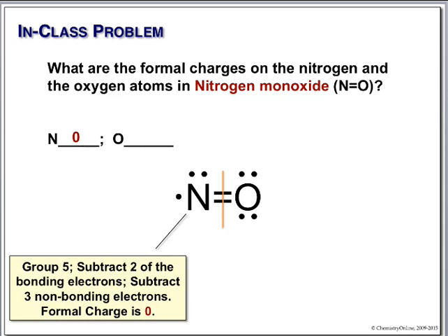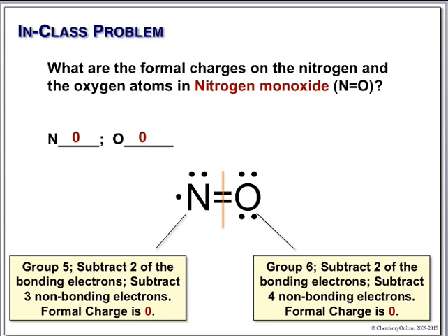Nitrogen, group 5. Nitrogen has 1, 2, 3, 4, 5 electrons. That's the same thing that it has in the periodic table. Therefore, its formal charge is 0. Now we can do the oxygen. Again, oxygen has 6 electrons around it. It is group 6. This is the same as the periodic table, and it is also a 0.